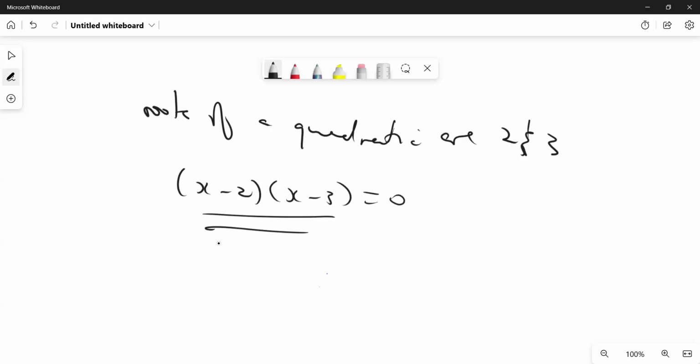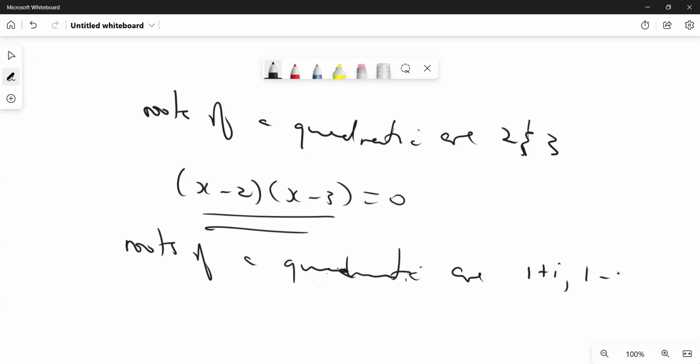Well, what about if you were given the roots of a quadratic, and it's not a nice number now, right? Let's go with 1 plus i and 1 minus i, because they occur in conjugates.